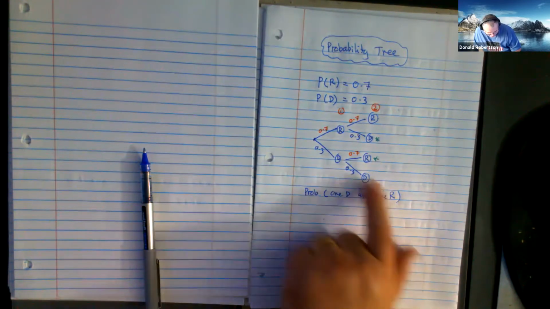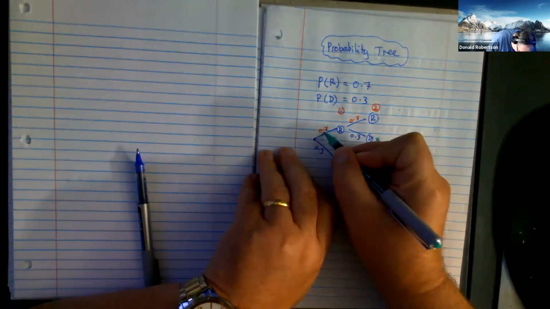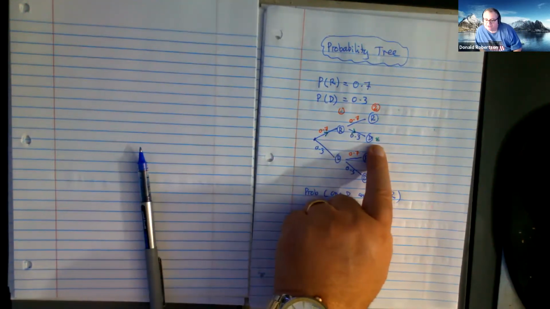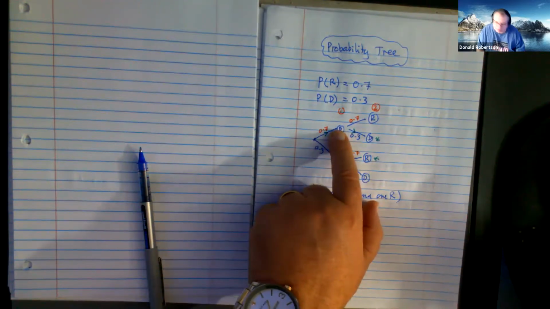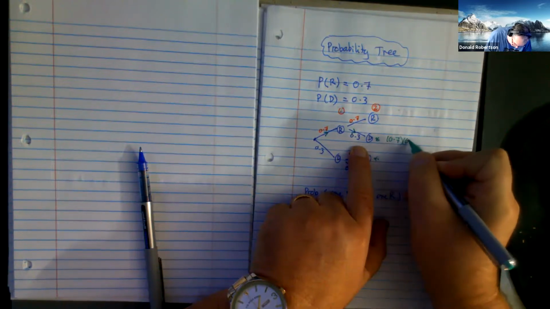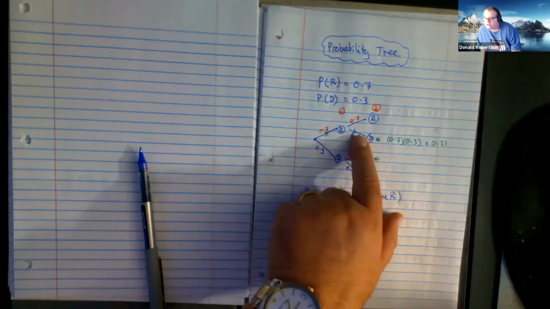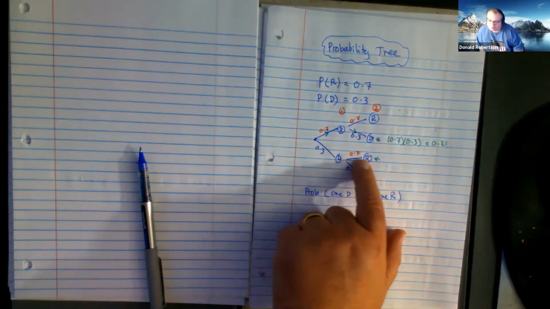Now, these 2 correspond to this event. So let's see, how do I find the probability of this one? Well, what you do in a probability tree is that you follow the road that leads you there. And you see that this road is a 0.7 for the first day and then a 0.3 for the other day. So this would be 0.7 multiplied by 0.3. So the chances of that particular combination happening is 0.21. Well, let's look at the second one. It goes 0.3 and then followed by 0.7.